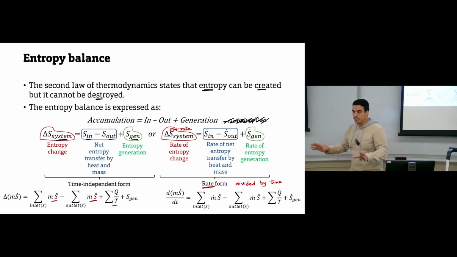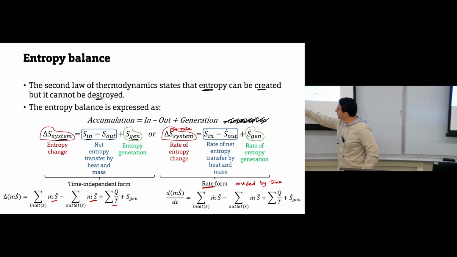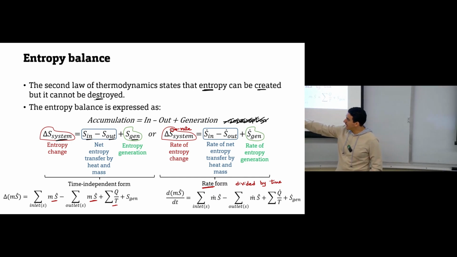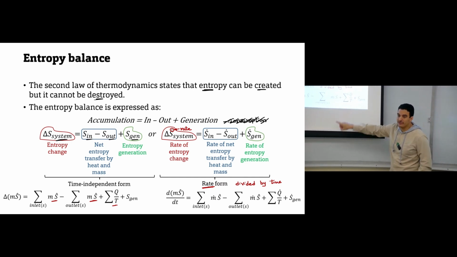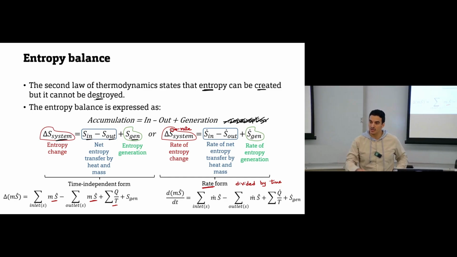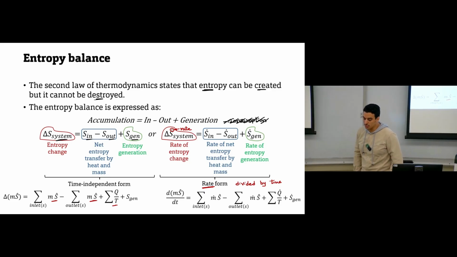Based on the problem you have, you will need to start with either of these two equations, the time-dependent form or the rate form, based on the given information. Whether you have mass given or mass flow rate, moles given or molar flow rate, you can select the form to start your calculation.